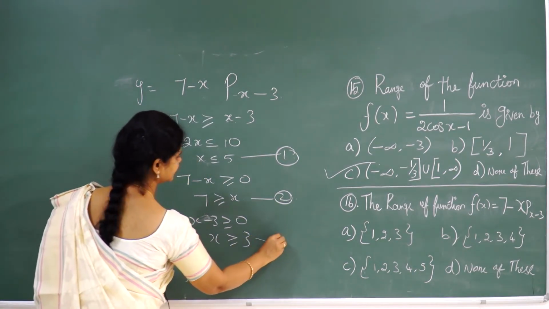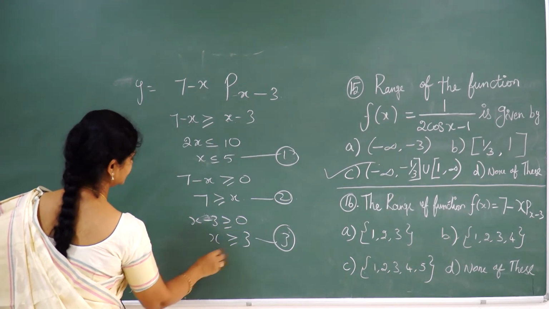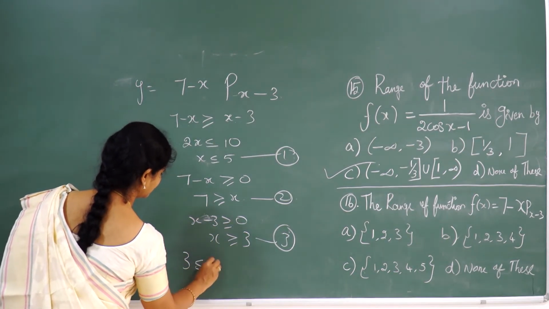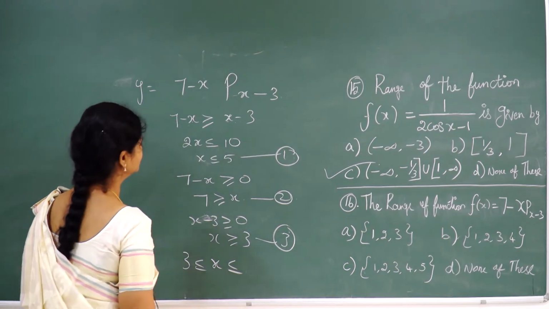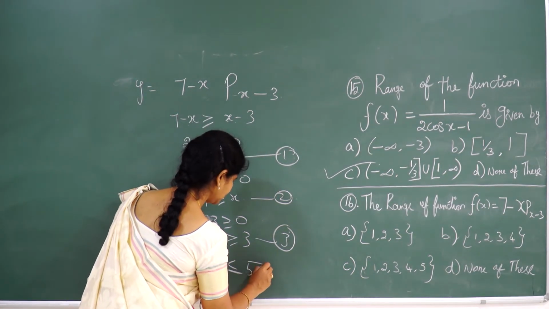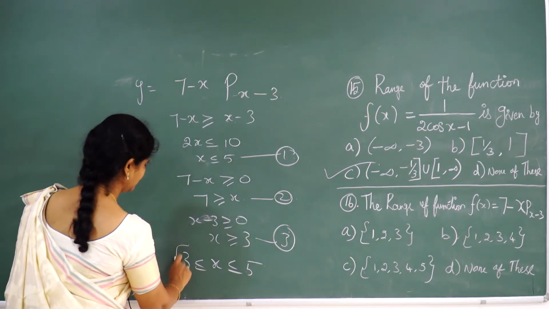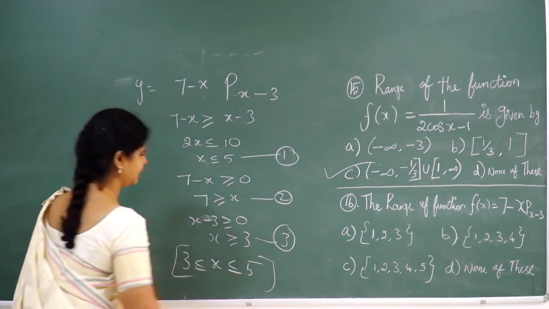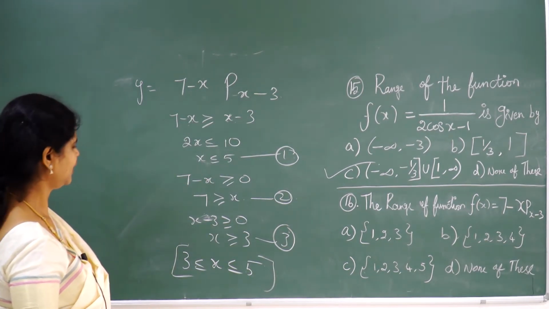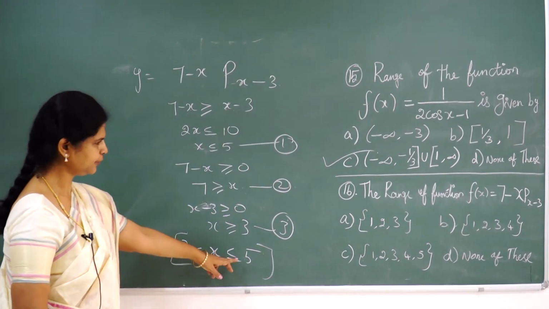So combining 1, 2, 3, you get 3 less than or equal to x less than or equal to 5. And 5 is again less than or equal to 7, so you can limit it to 3 to 5. So the x, the domain value, lies between 3 to 5.